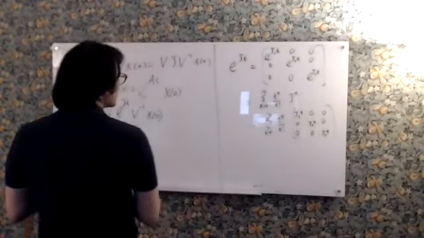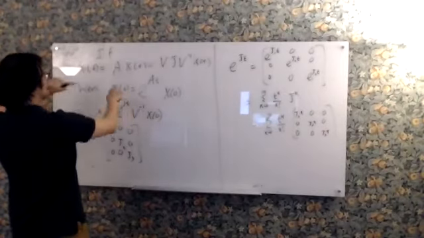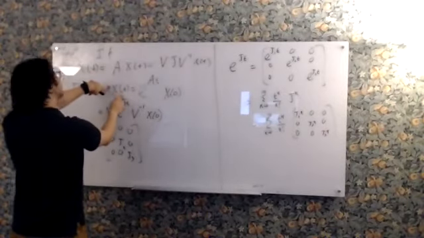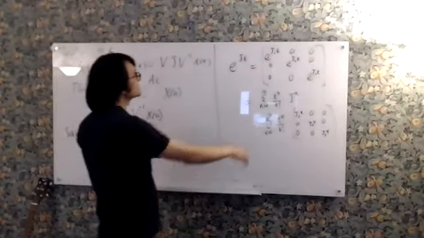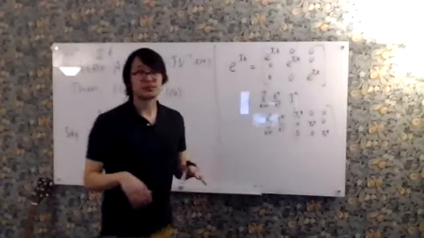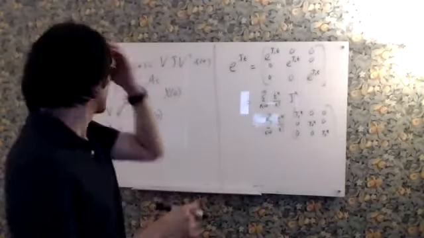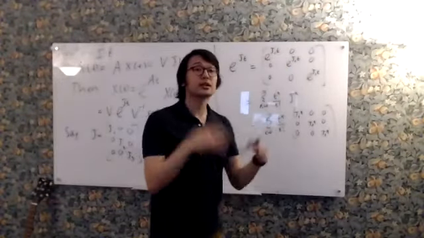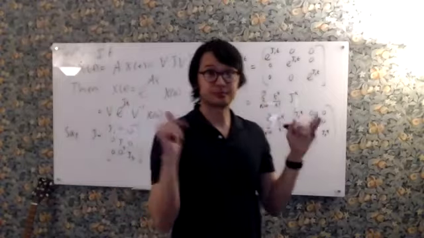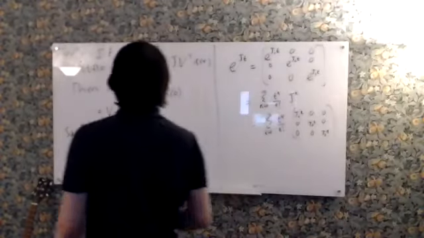What we've done here is taken the analysis of this function and reduced it to studying the properties of each of these blocks. As long as we can understand the behavior of a Jordan block, we can understand the behavior of the whole system. So let's try to understand the behavior of a Jordan block.